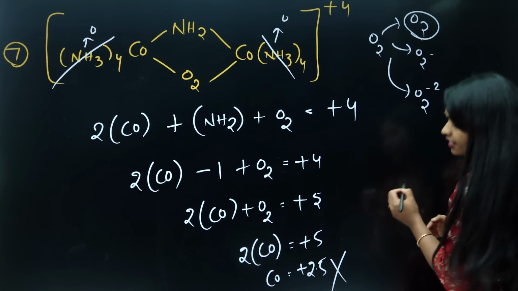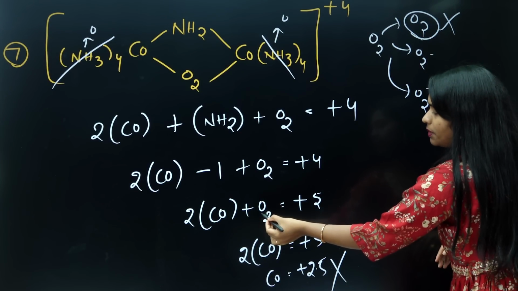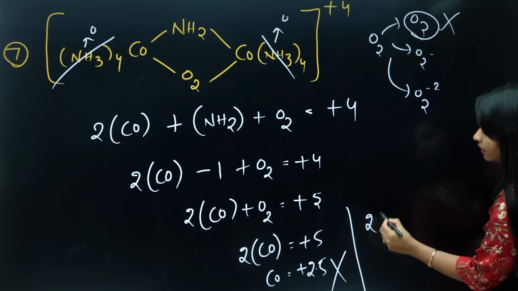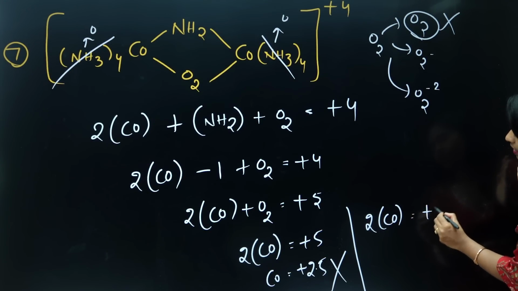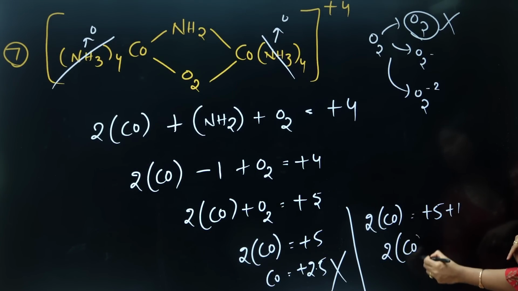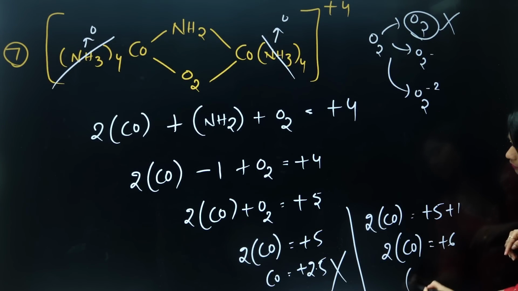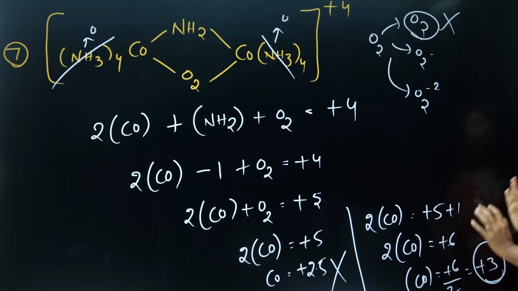It cannot be fractional, so it is wrong. Next, keep -1. If -1 comes this side, +1, 5 plus 1 is 6. So 2 CO is +6, each CO will be +6 divided by 2, which is +3. Is it clear, students? So this might be correct.